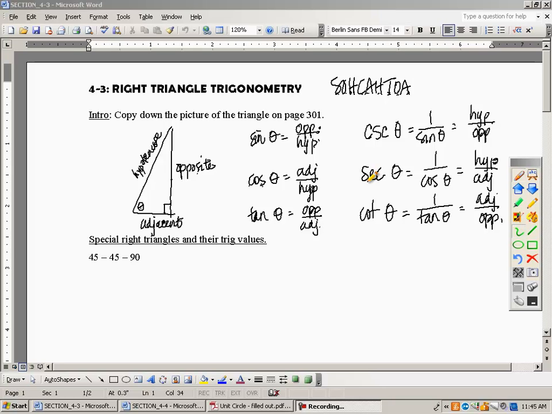Now, in geometry, we showed you special right triangles, and we had you memorize x, x square root of 2, and x square root of 3, or something like that. Truthfully, I don't remember them. So I'm just going to go back to this idea that if I make this a unit triangle, that means the hypotenuse is 1. And I'm looking at the fact that I have 45-degree angles, so this is an isosceles triangle.